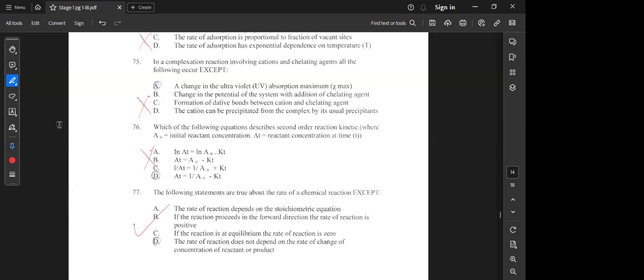If the reaction proceeds in the forward direction, the rate of reaction is positive. If the reaction is at equilibrium, the rate of reaction is zero. Okay. So the one that's false is: the rate of reaction does not depend on the rate of change of concentration of reactant or product.